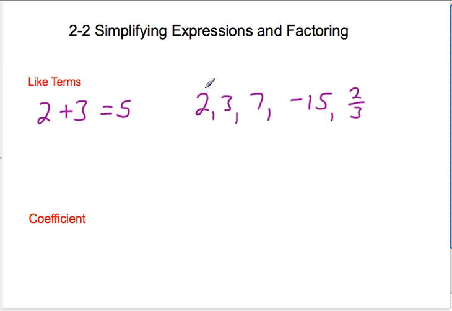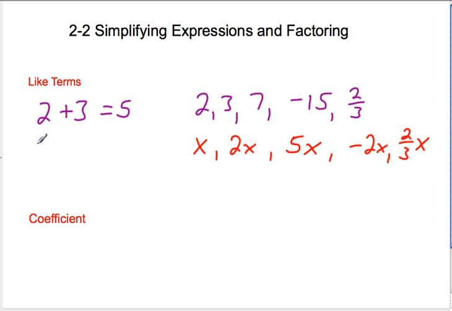Now, if we have a variable like an x, or 2x, or 5x, or -2x, or 2/3 x, these all have an x in them, so these are also like terms and can be combined through addition or subtraction.